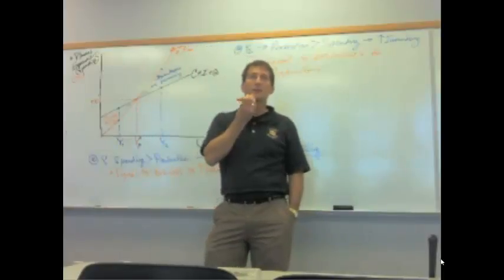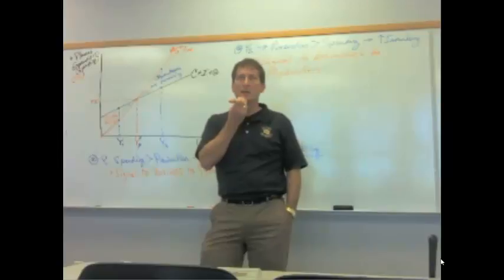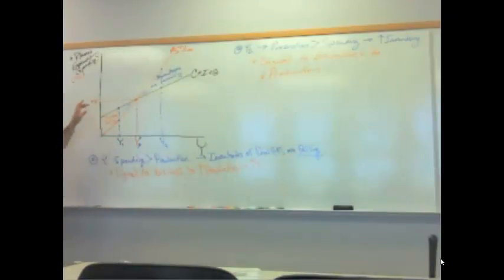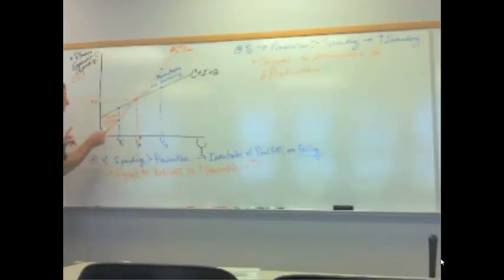Is it possible for the consumption line to be steeper than the 45-degree line, never intersecting? No, and the reason is, well, what is the slope of the 45-degree line? 1, right? It's a 1-to-1 relationship, so up 1 over 1, up 1 over 1.